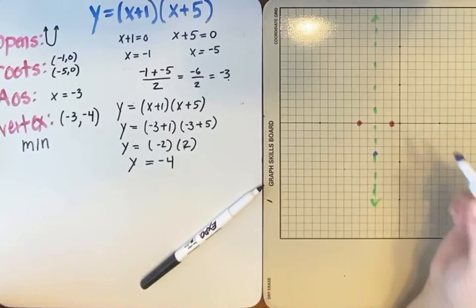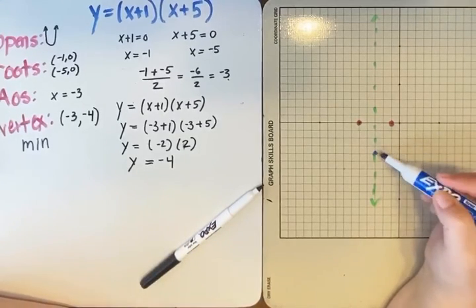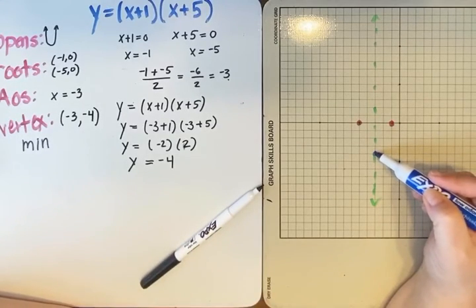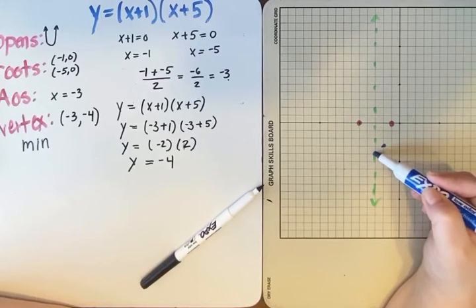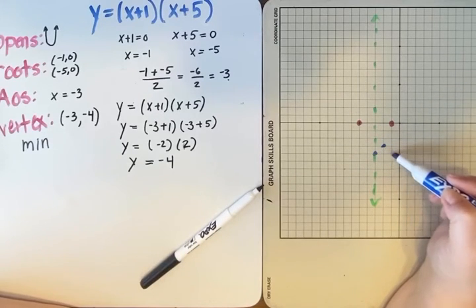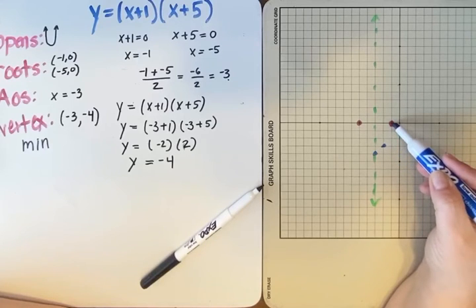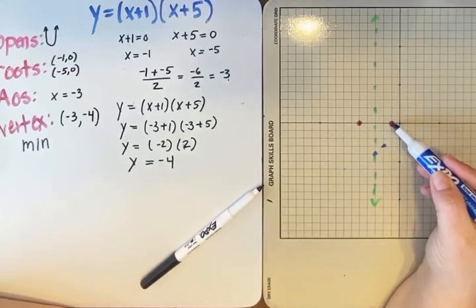If I now take my marker and put my tip right on the vertex, I can count over 1, squared, I move up 1. Go back to the vertex, I can move to the right 2, squared is 4, there's another point, which is also the intercept.